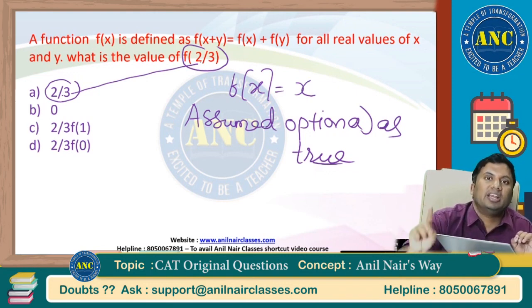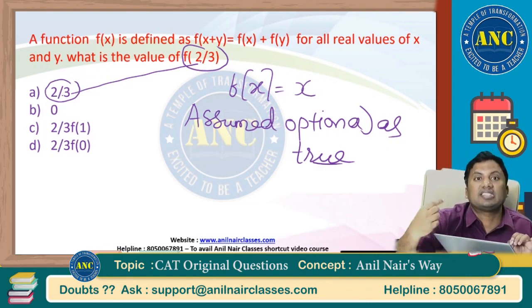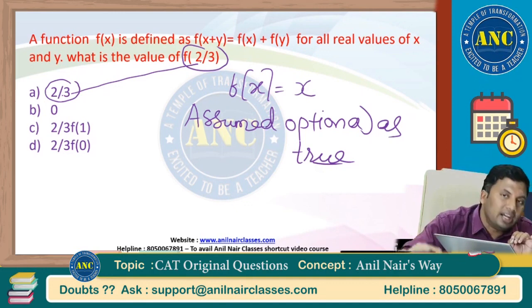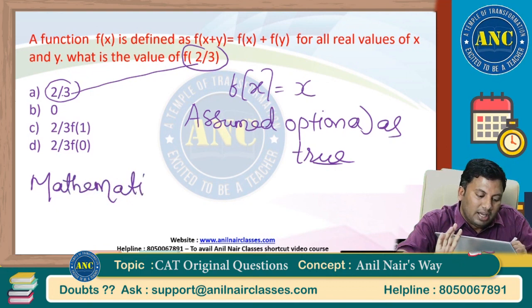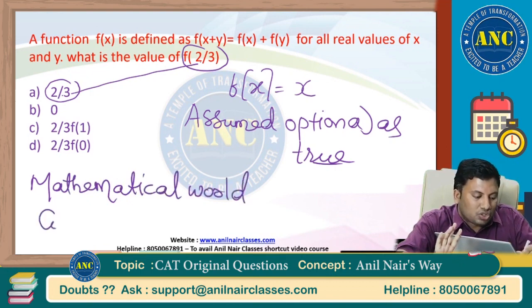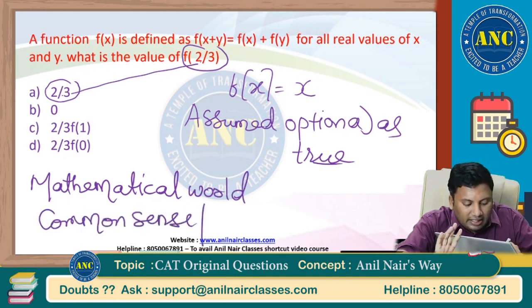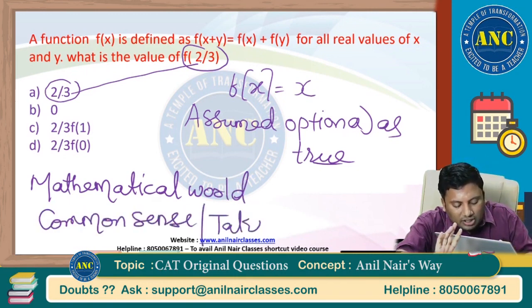My idea is to eliminate the incorrect answer options by taking something as right, then tell that something is incorrect, then go back to the statement. My idea is not to get into a mathematical world and prove that it is right. My idea is to solve it using the common sense approach, taking the answer options into consideration.